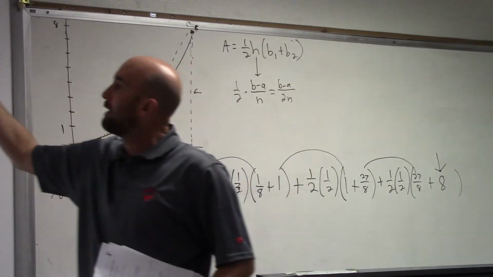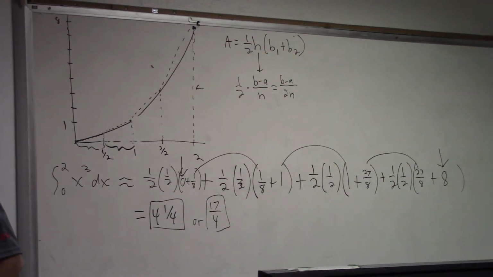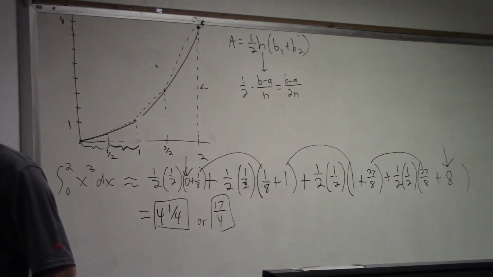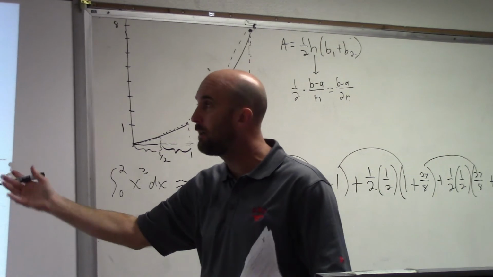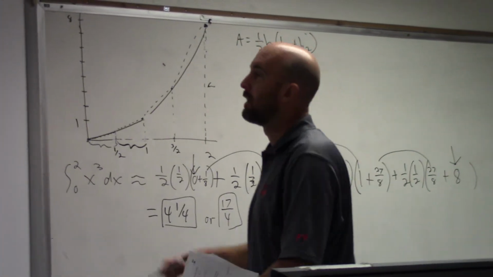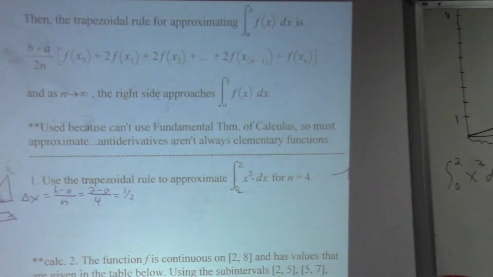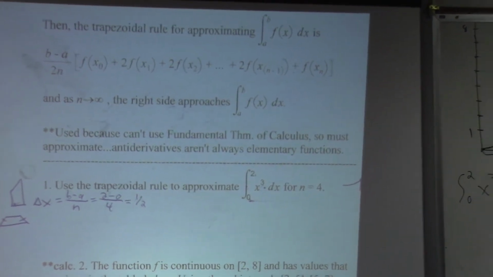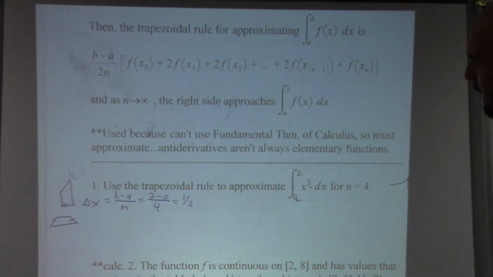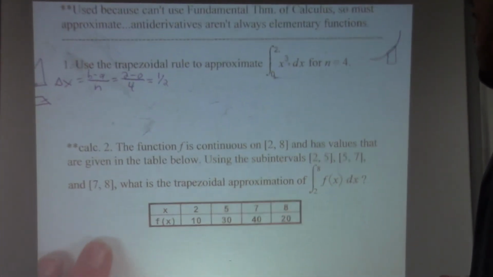That's what this formula is telling you: use the first function value once, the last one once, and all others twice. So this is a simplified version, or maybe a shortcut for what we did, but it can only be used if your trapezoids are of equal heights. Otherwise, it's useless.